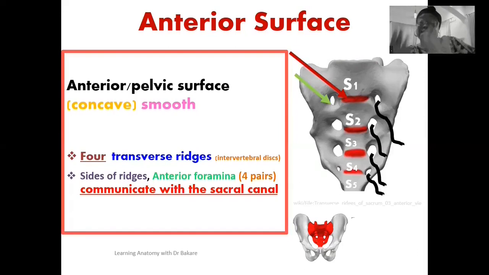These anterior sacral foramina allow for the passage of the anterior rami of the sacral spinal nerves. They allow for just the anterior rami from S1 to S4, because we have 4 anterior foramina on one side and another 4 on the other side.